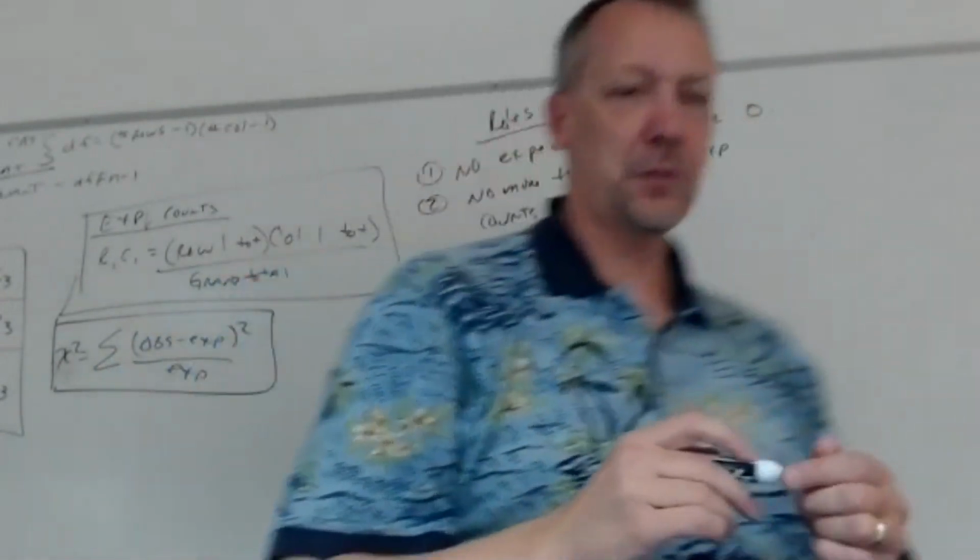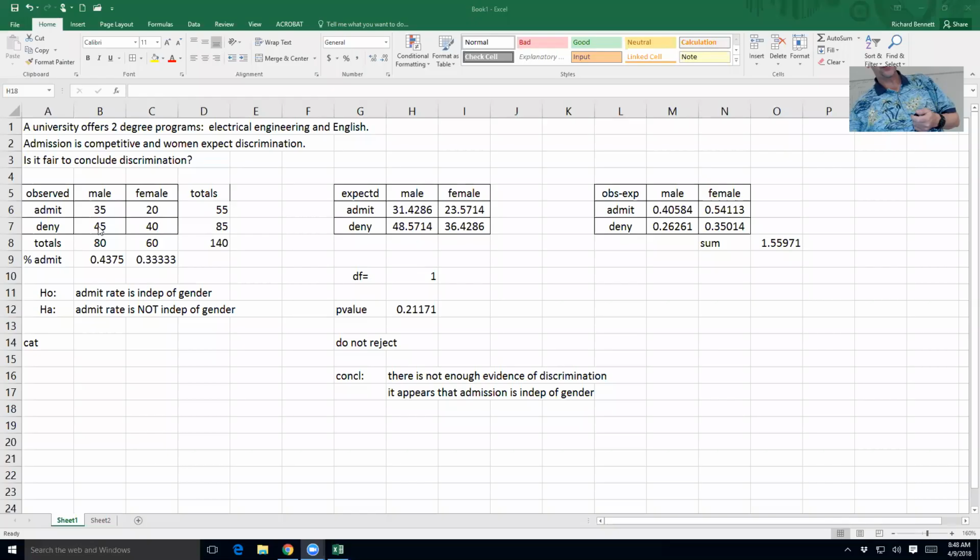Okay, so for example, let me go back to my table here. We're going to change this a little bit. Let's pretend, for example, that there was a 0 there. Can you do the hypothesis test? No, that breaks rule number 1. Okay. What if there was a 4 there? That's actually okay. Okay?